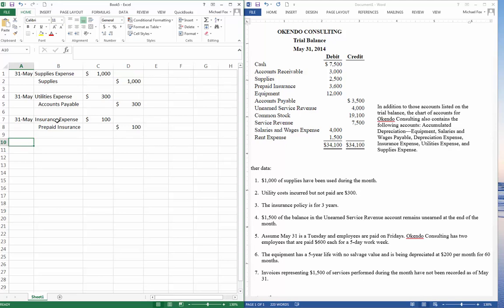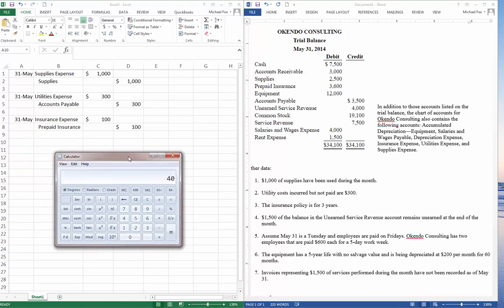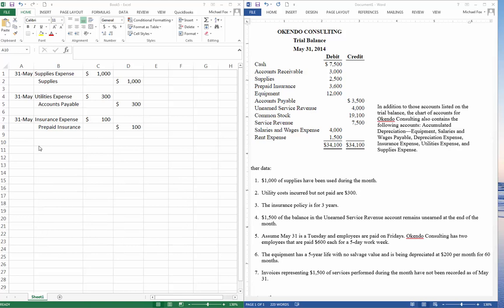Number 4, $1,500 of the balance in the unearned revenue account remains unearned at the end of the month. So we can look at the account unearned revenue, or unearned service revenue, which has a $4,000 balance, and they're saying $1,500 of that balance remains unearned, meaning that they used $2,500 worth during the month. Probably could have done that in your head, but you know.